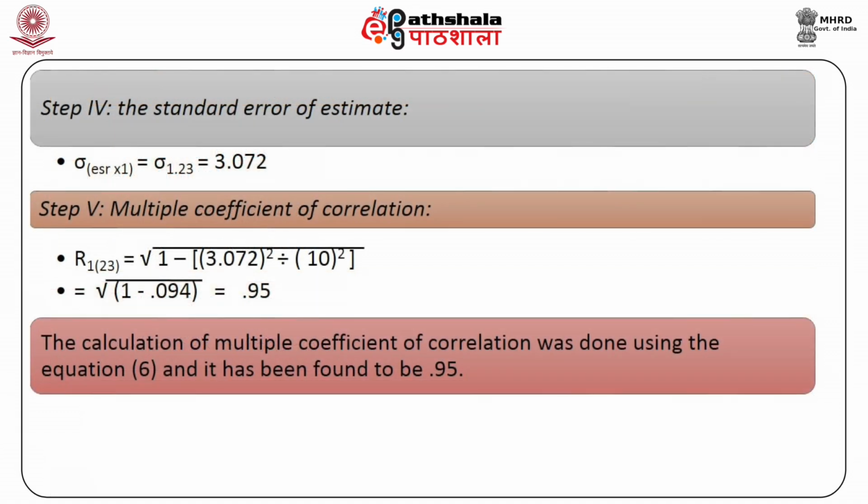The standard error of estimate turns out to be 3.072. The multiple coefficient of correlation R turns out to be 0.95 on application of the numerical values in the desired equation as discussed in the previous section.